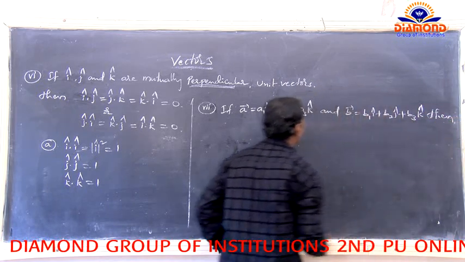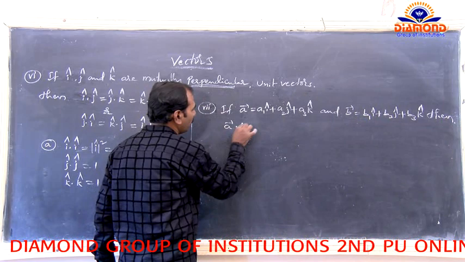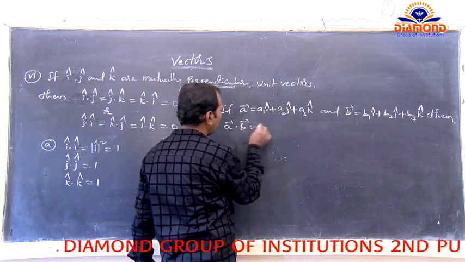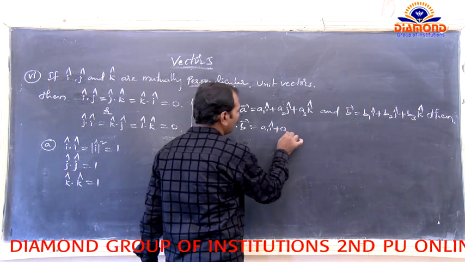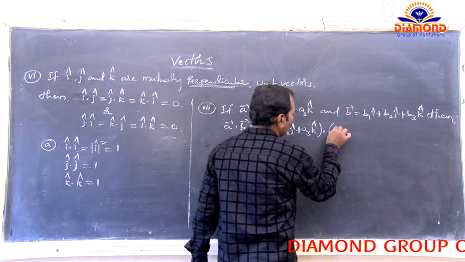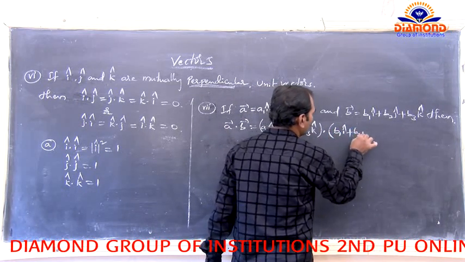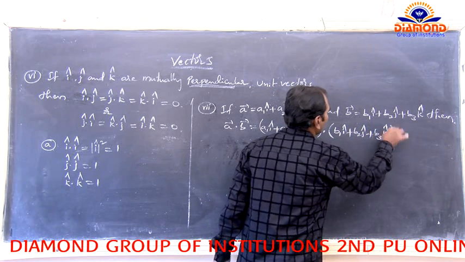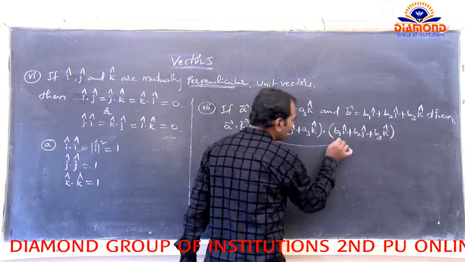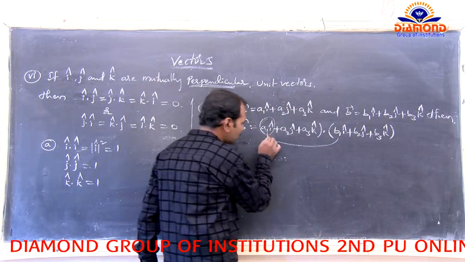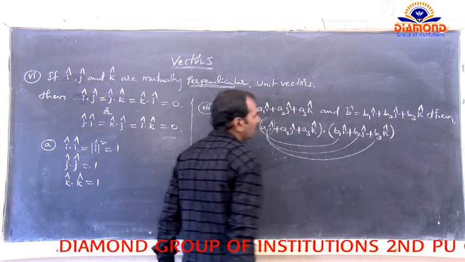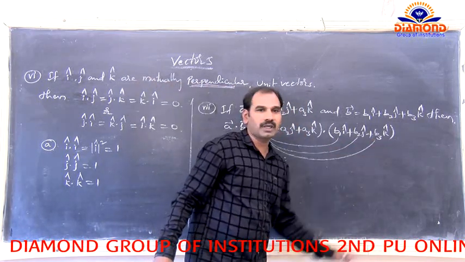Then A vector dot B vector, the dot product, equals A1 i cap plus A2 j cap plus A3 k cap dotted with B1 i cap plus B2 j cap plus B3 k cap. First, A1 i dot B1 i cap, then A1 i cap into B2 j cap, and again A1 i cap into B3 k cap.